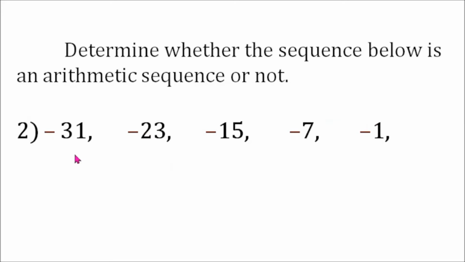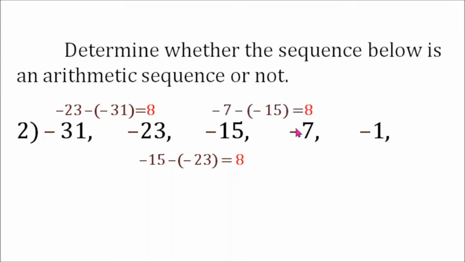Example number 2, the sequence negative 31, negative 23, negative 15, negative 7, negative 1. So negative 23 minus negative 31 equals 8. Negative 15 minus negative 23, the answer is also 8.